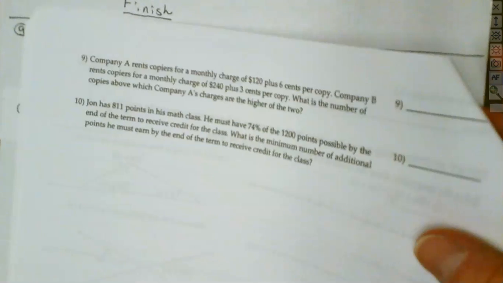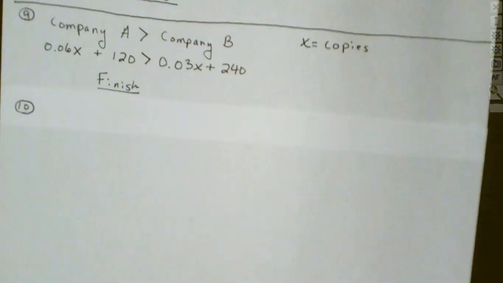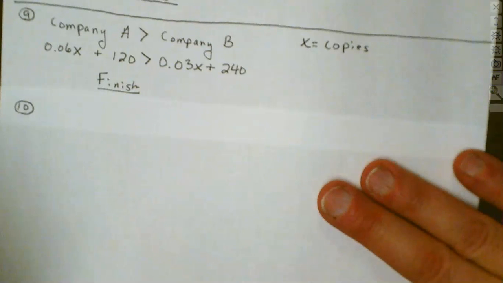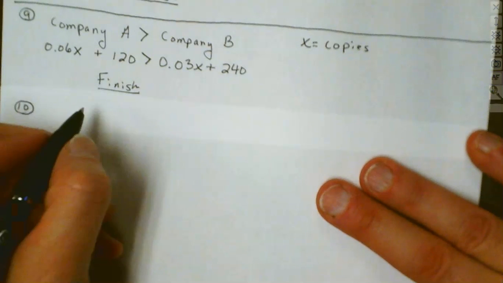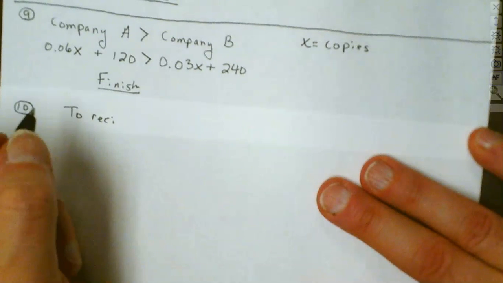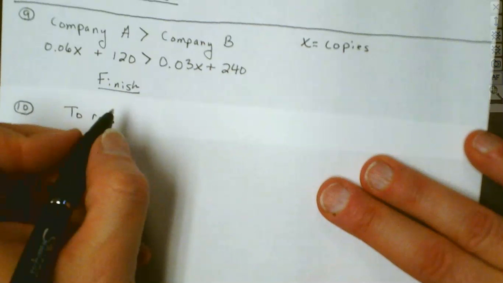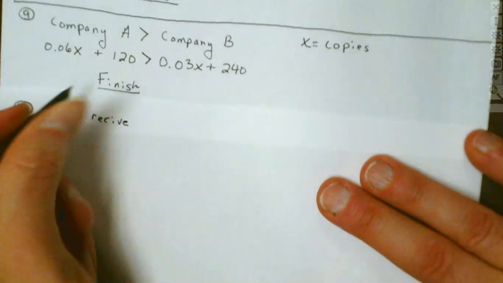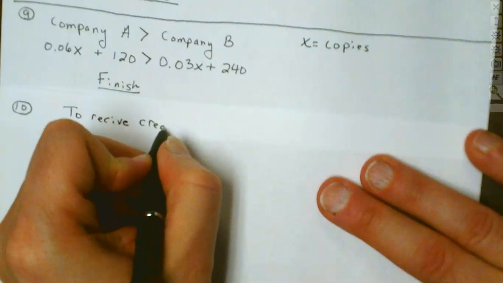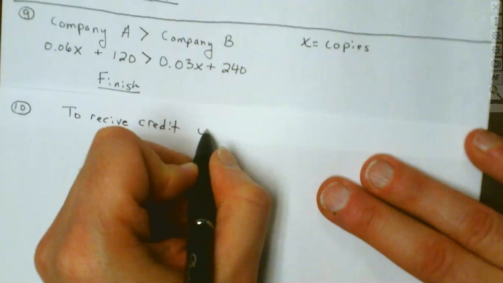Okay, now, we want to make sure that we get credit for this class. So how do we do that? Well, to get credit, we need 74%.